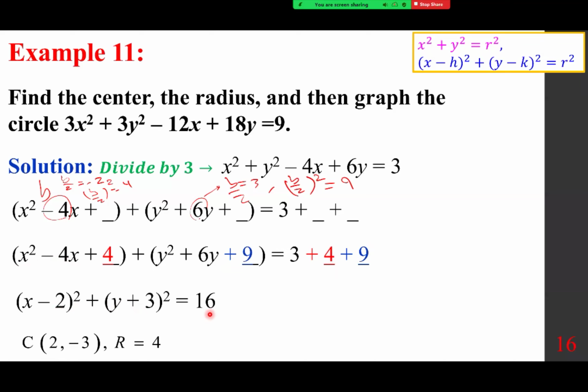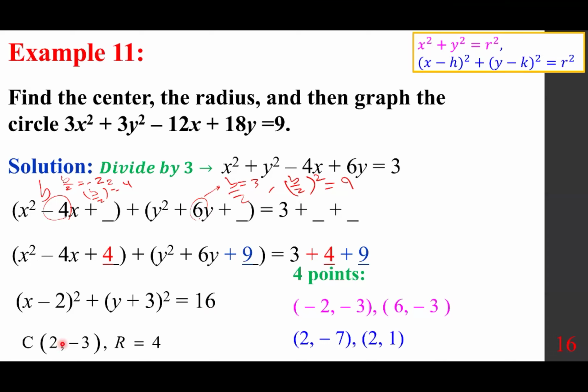Now, the 4 points, all you have to do, look at this, go 4 units to the right and left, and 4 units up and down. So if you add 4, you get 1. If you subtract 4, you get minus 7. If you add 4, you get 6.